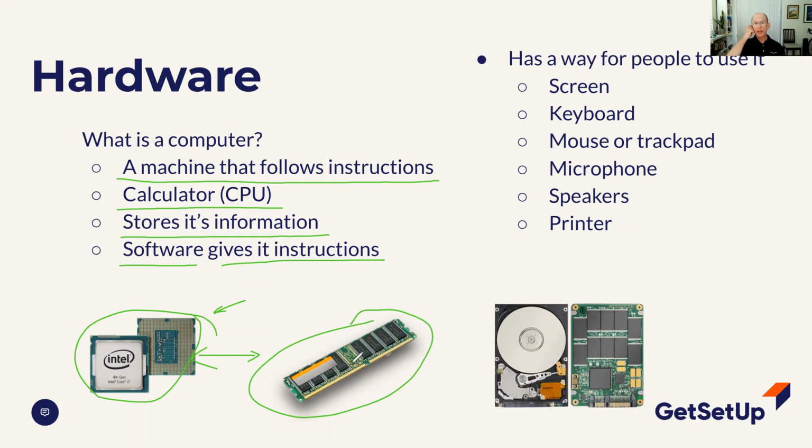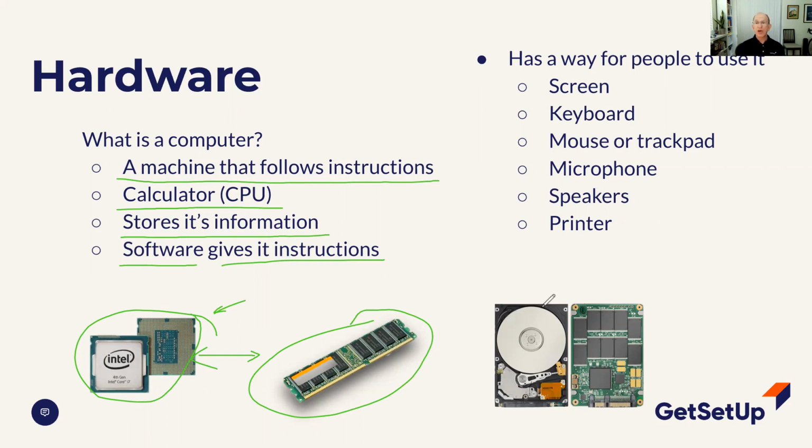When you're running a computer, like we're running Zoom right now, Zoom is running a set of instructions on our computer that is sitting in memory. It takes up space in memory, and the processor is doing the calculating.